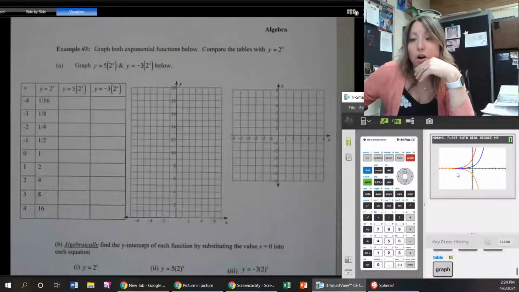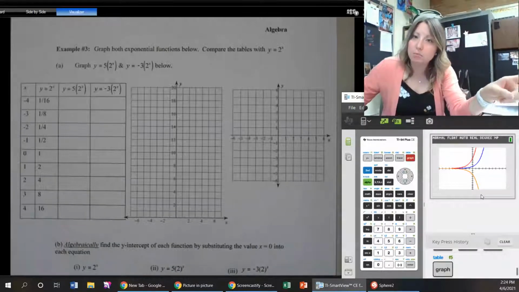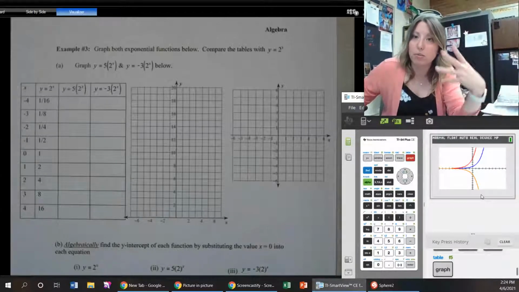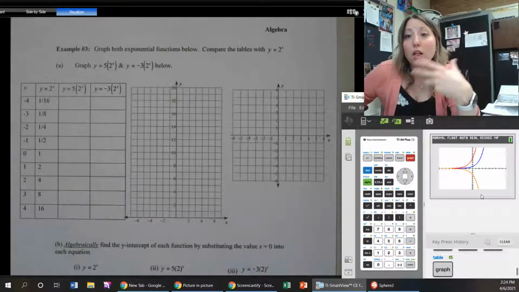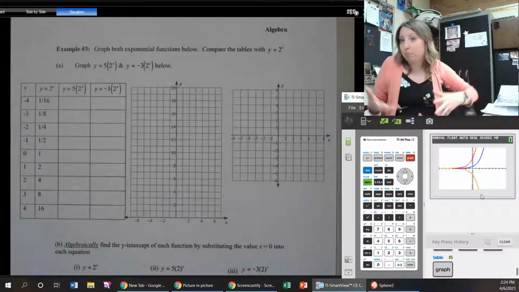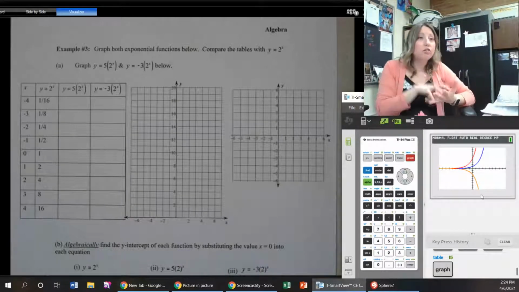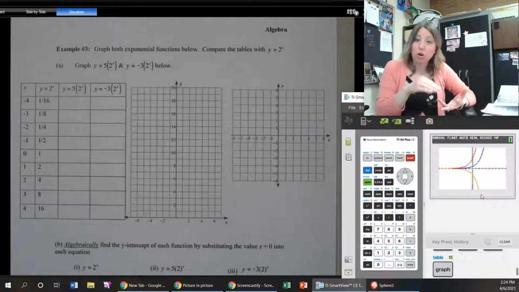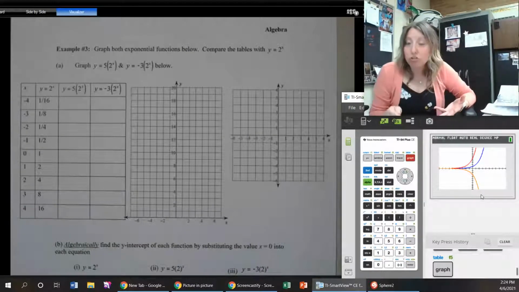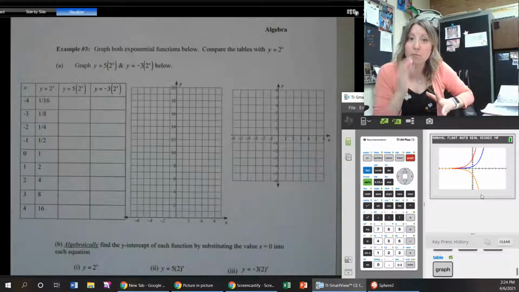The orange one, the -3 in front, that one flipped the other way, but still has an asymptote of y equals 0, meaning it can't touch or cross the x-axis, right? That front number is changing the y-intercept, or if it's negative, the direction I'm going. Okay, you see that?